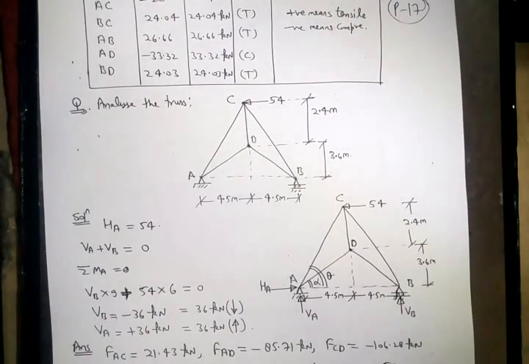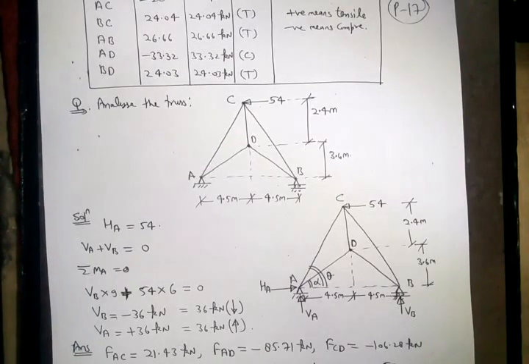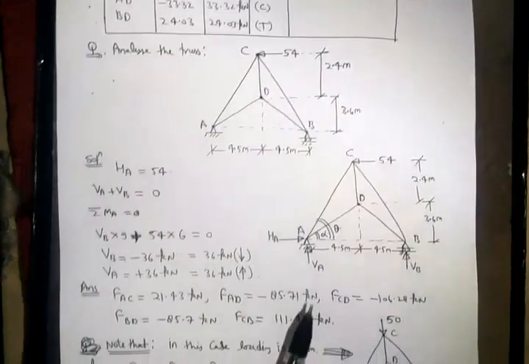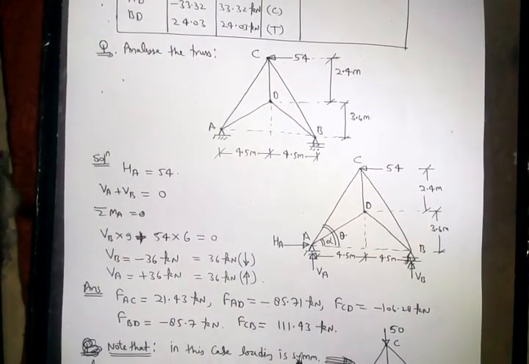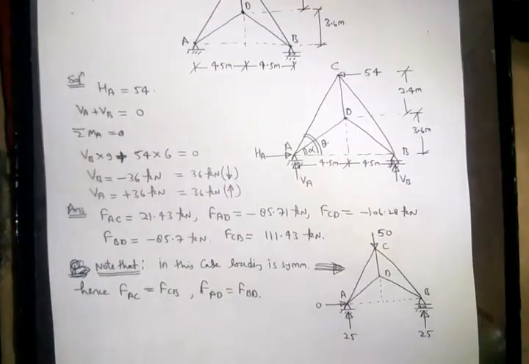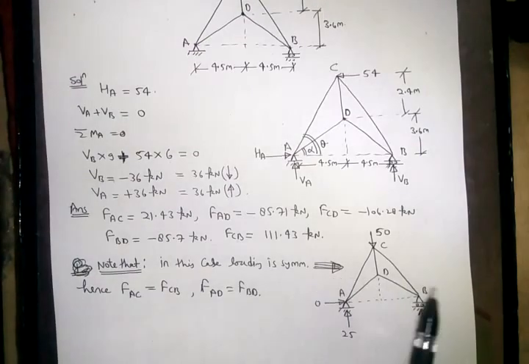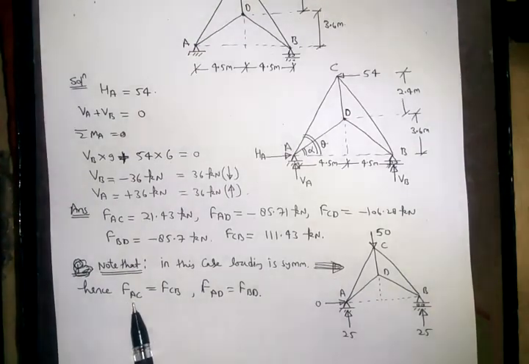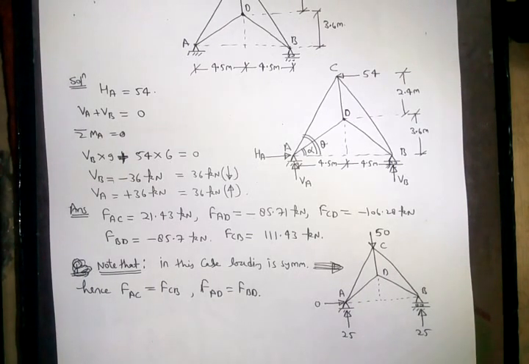So we can solve this, right? Okay. I have written answers. See, note that in case of loading is symmetrical, force will also be symmetrical. Means force in AC equal to force in BC, force in AD equal to force in BD, right? Okay.